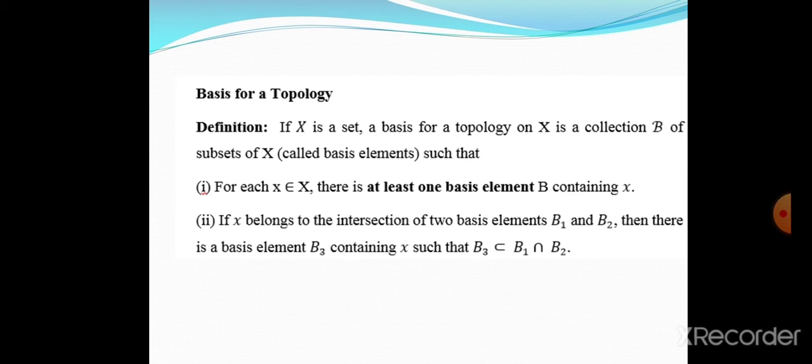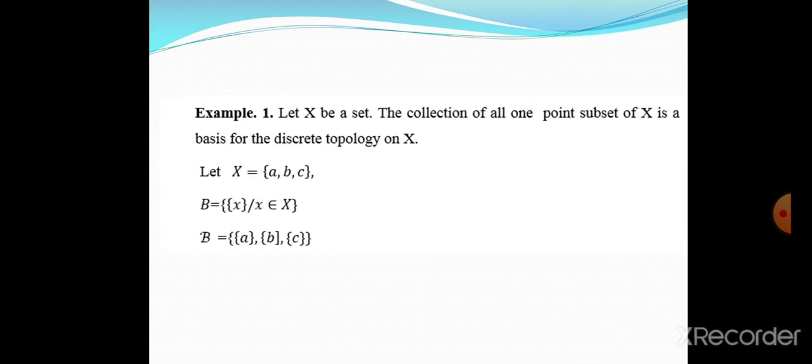The second condition is if x belongs to the intersection of two basis elements B1 and B2, then there is a basis element B3 containing x such that B3 is a subset of B1 intersection B2.